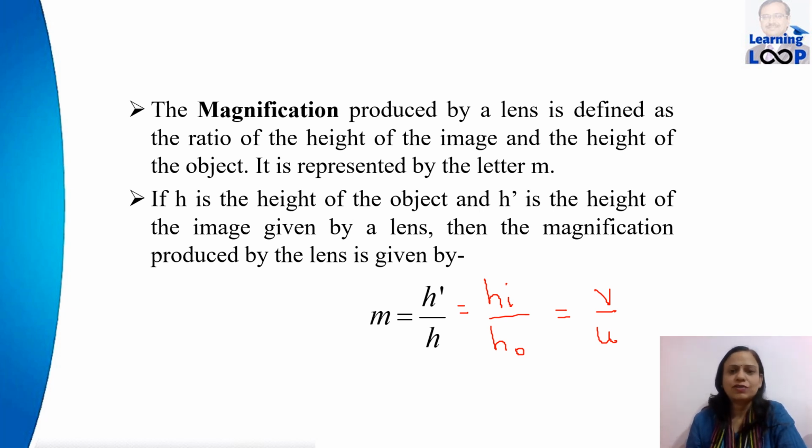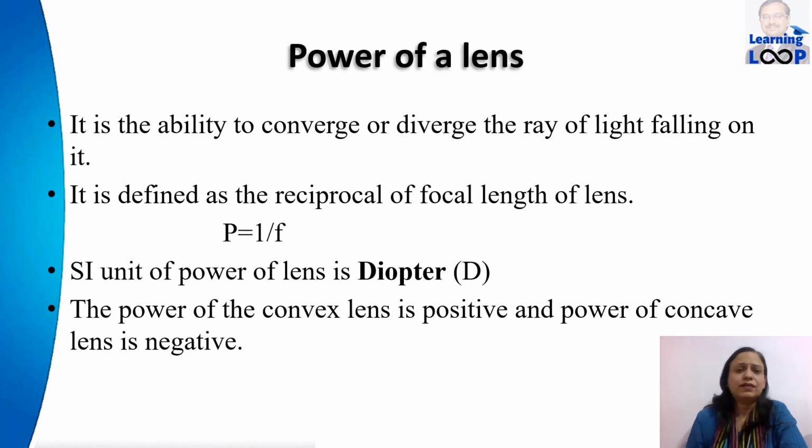HI or H dash represent the height of the image and HO or H represent the height of the object. But it's not all about the distances. We also have to use the conventions about which we'll be talking in just a moment.